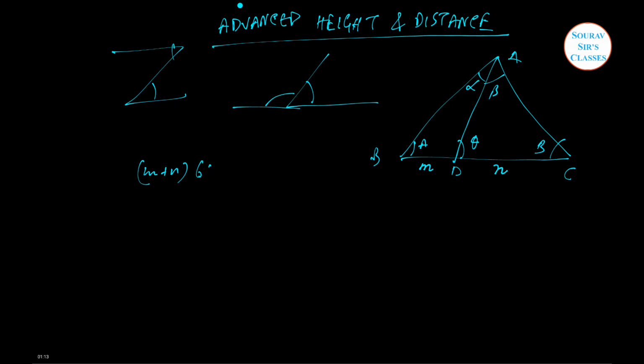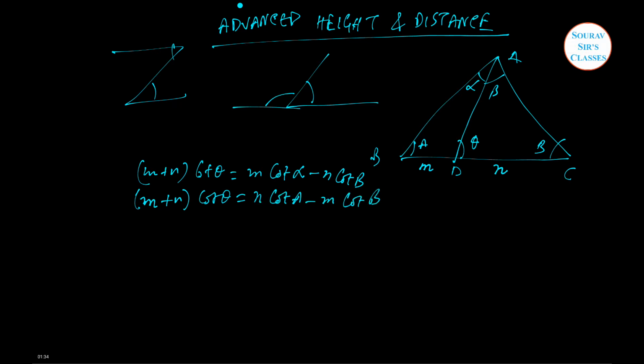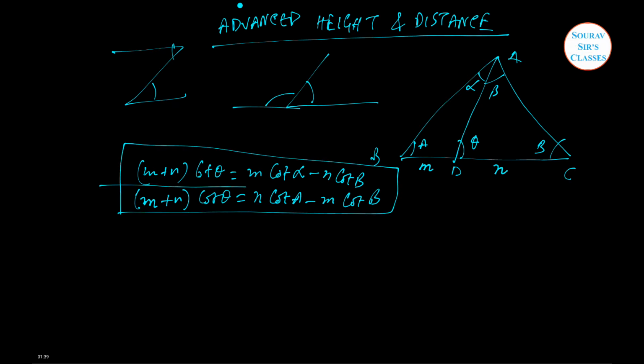(m plus n) cot theta equals m cot alpha minus n cot beta, and (m plus n) cot theta equals cot B. So this is called the m minus n theorem.